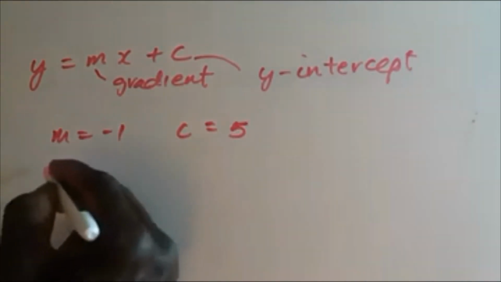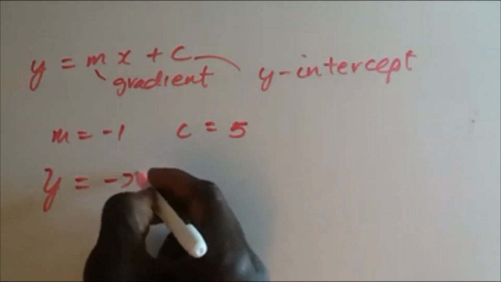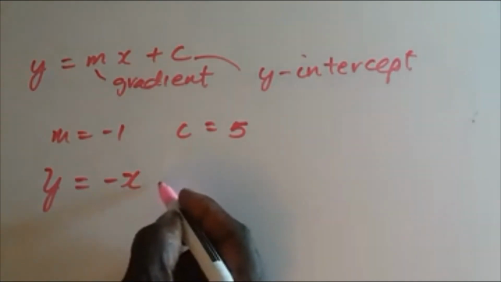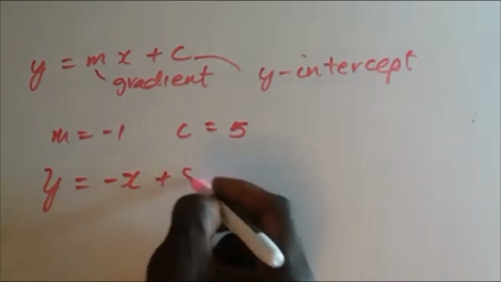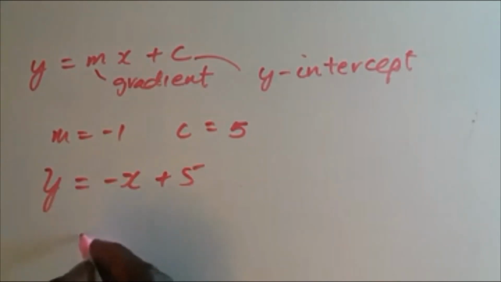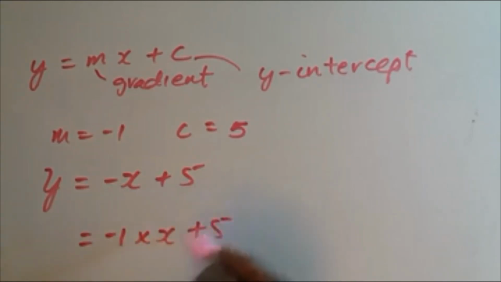We can just write this down: y is equal to minus x, because the coefficient of x now is just minus 1, and add 5. Remember, if you're not too sure why I have minus x, you could write this as minus 1 times x, add 5. Minus 1 times x is minus x.